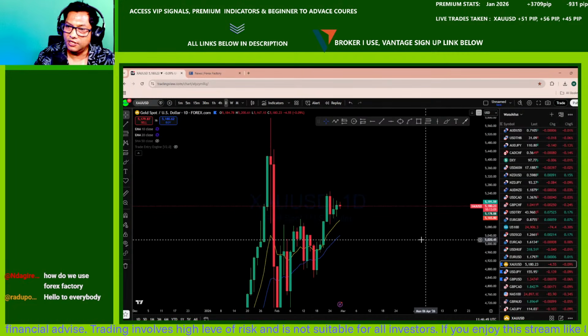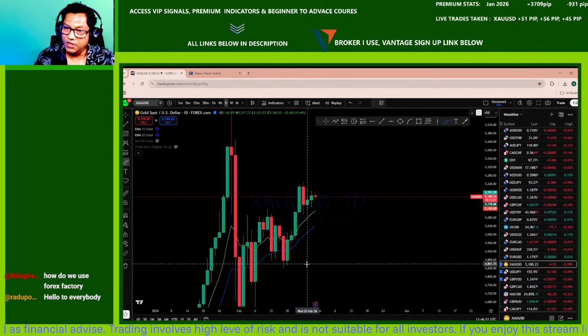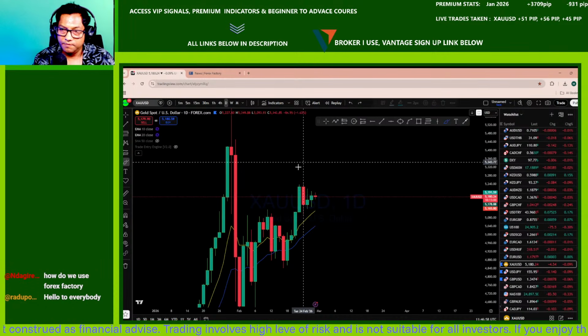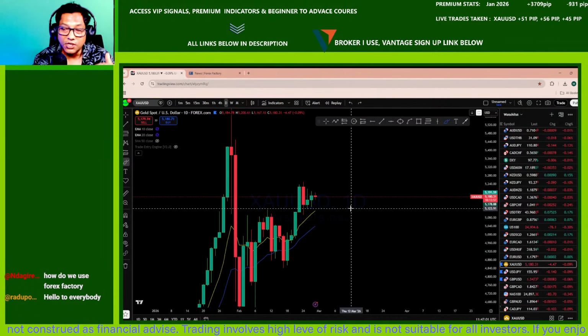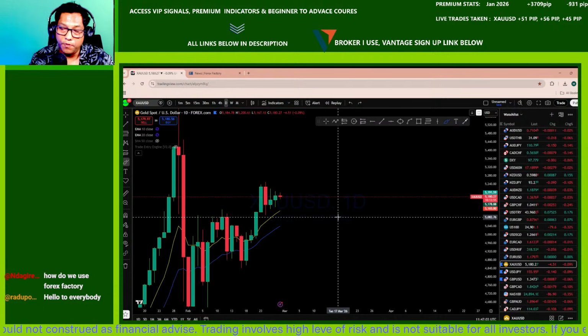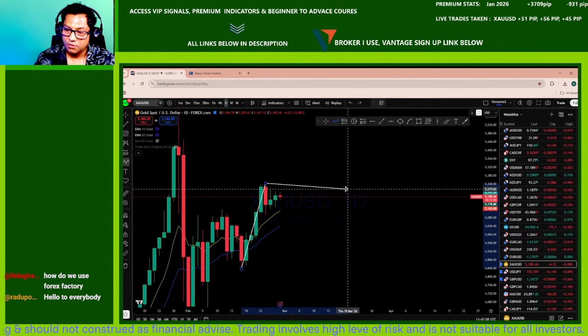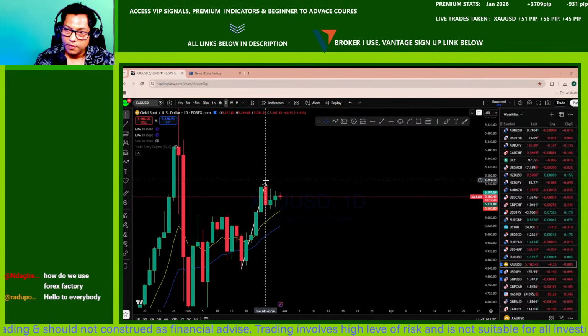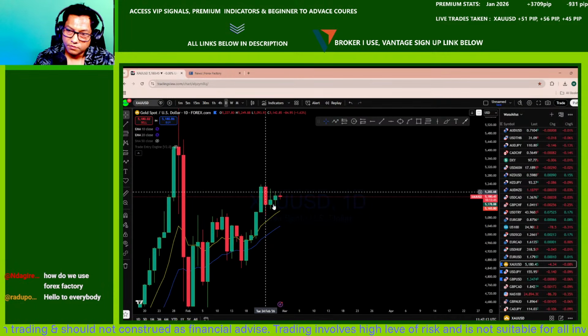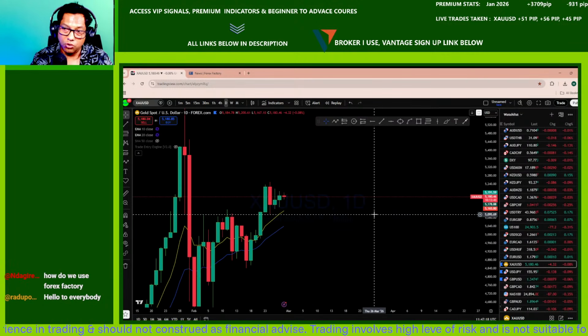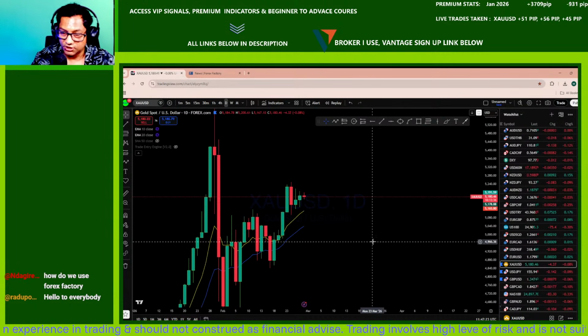If you look at this support level here, this is the move on the daily. With this daily market structure on gold, it's maintaining an uptrending market structure.